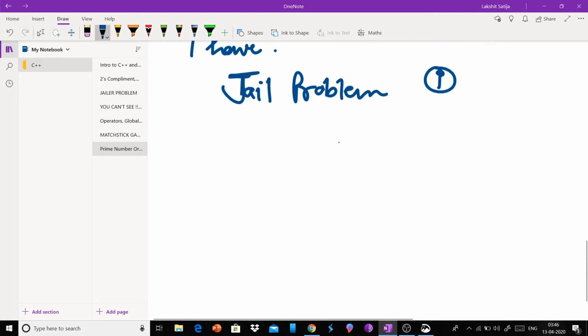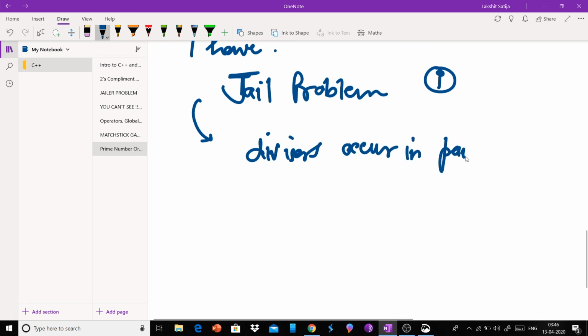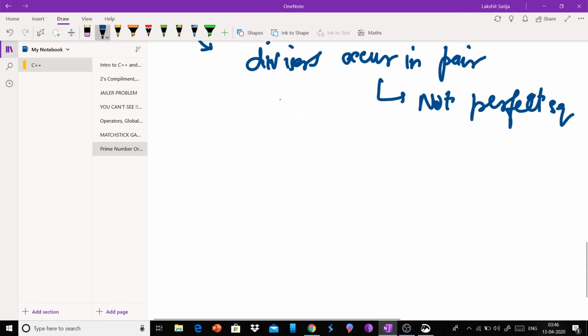So in the video, I have discussed that divisors occur in pairs if the number is not a perfect square, right? And another thing is that divisors occur in odd number.